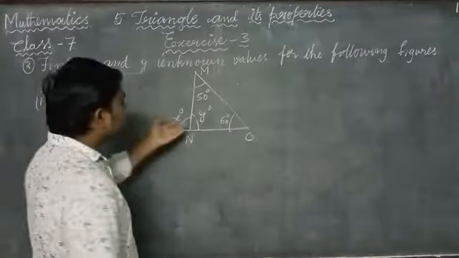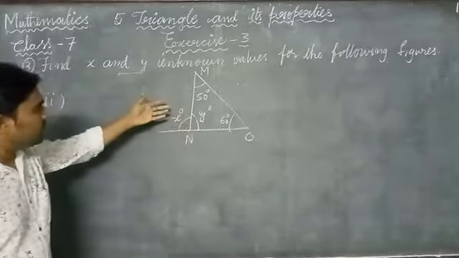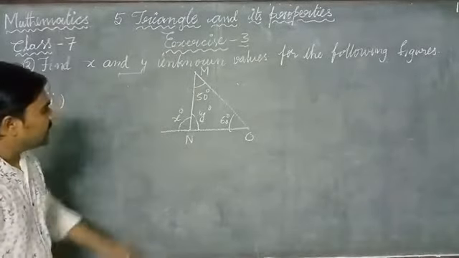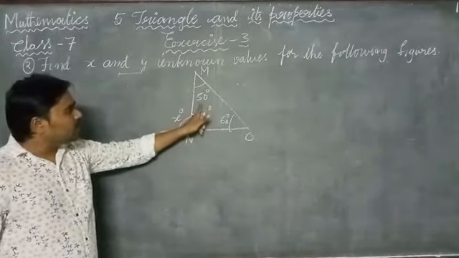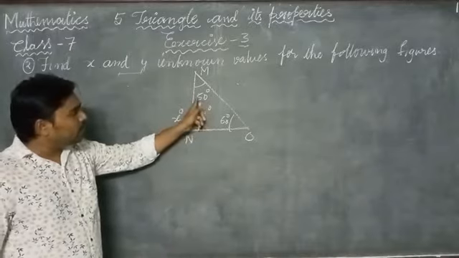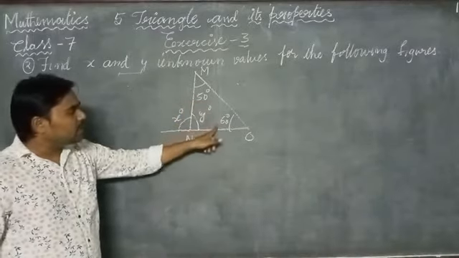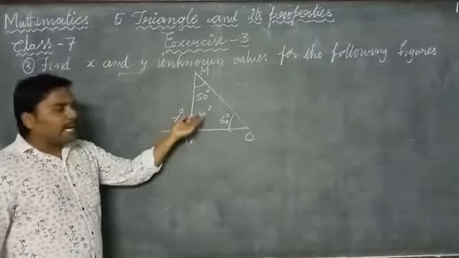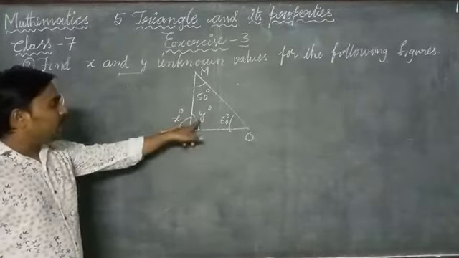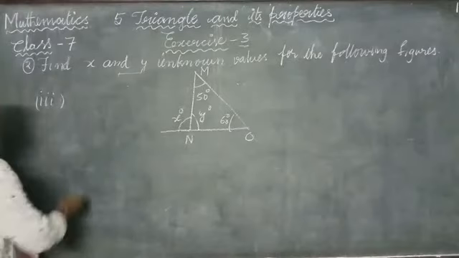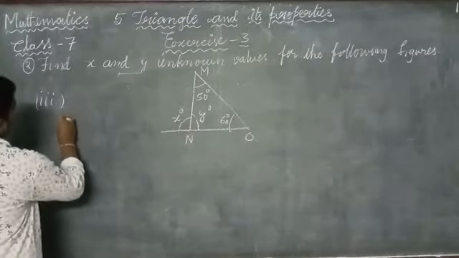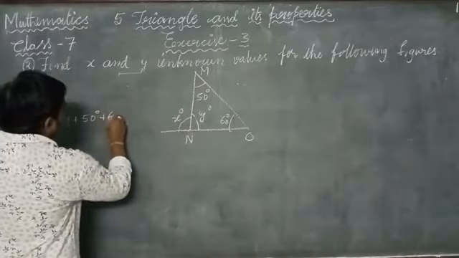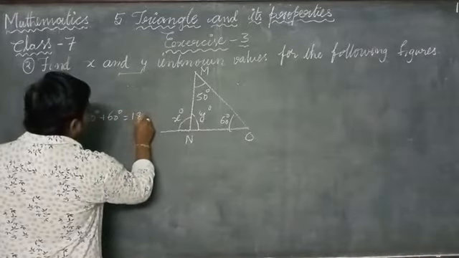This is the given triangle. Here they have given the triangle with the angles 50 and 60 degrees. With the help of the angle sum property, we can write the y value. Here y plus 50 plus 60 equals 180 degrees.